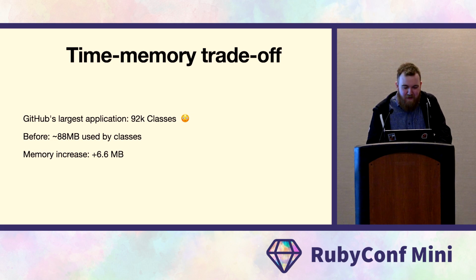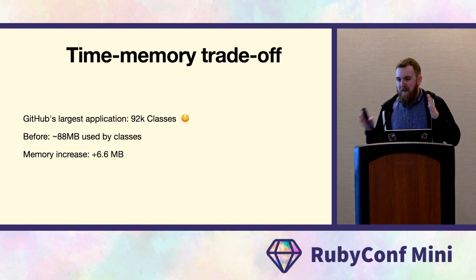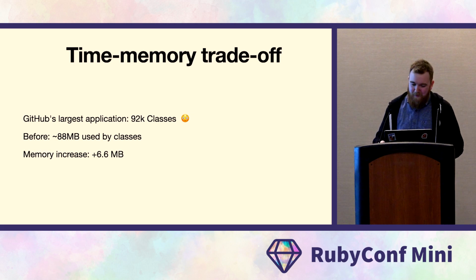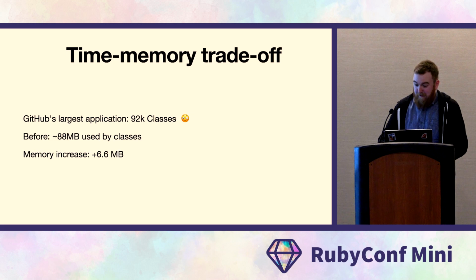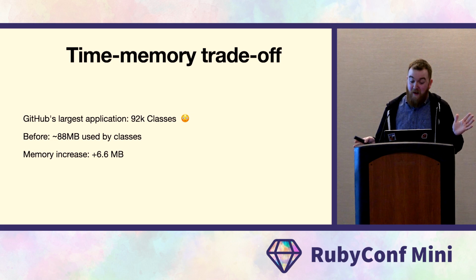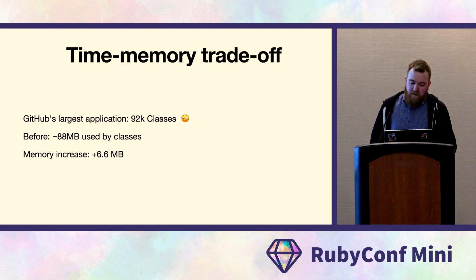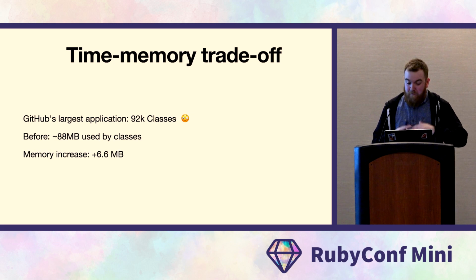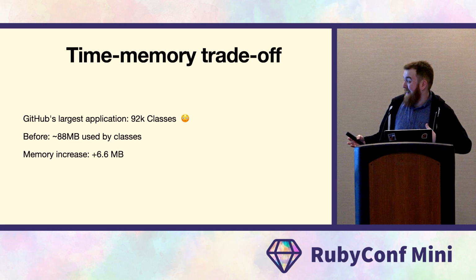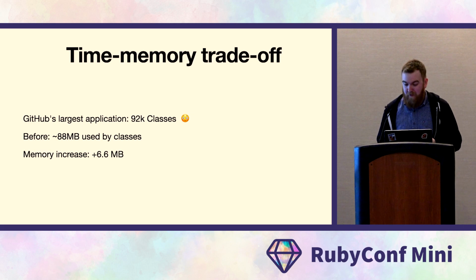Please tell me if you have more classes than that. A lot of them are weird. They're anonymous classes and singletons and things like that. So we don't have that many files with classes in them. But it ends up using a lot of memory. It used 88 megabytes total, and making this change added 6.5 megabytes. So that might be worth it, but it's not ideal.